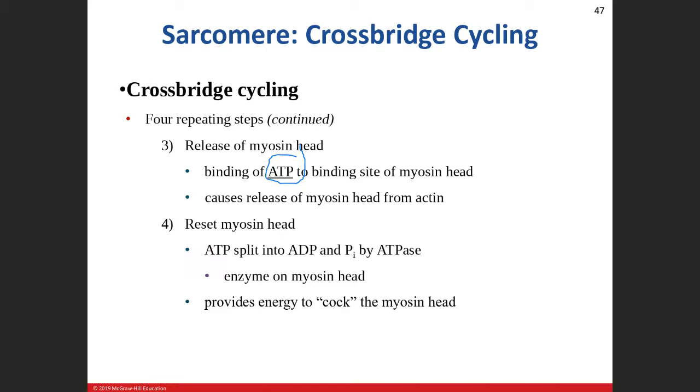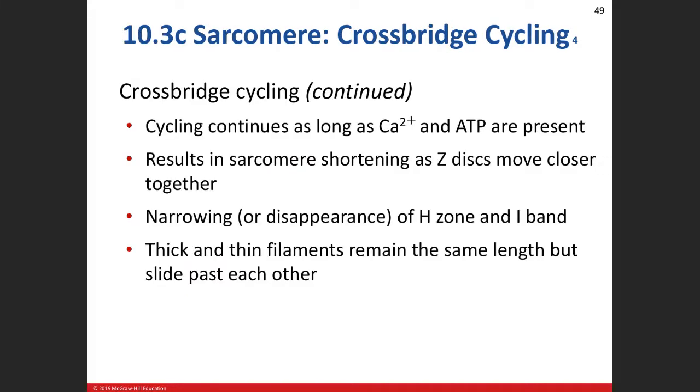And calcium, we need calcium to expose the myosin binding site on the actin. So as long as you have ATP and calcium, there's a good chance you're going to have a muscular contraction. When those two things are present, we can keep crossbridge cycling all day long. During this time, as we undergo the crossbridge cycling, our Z discs will move closer together.